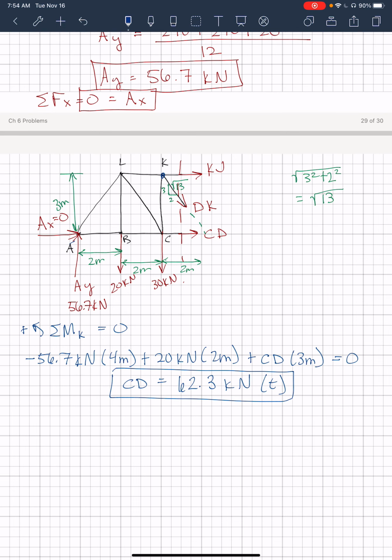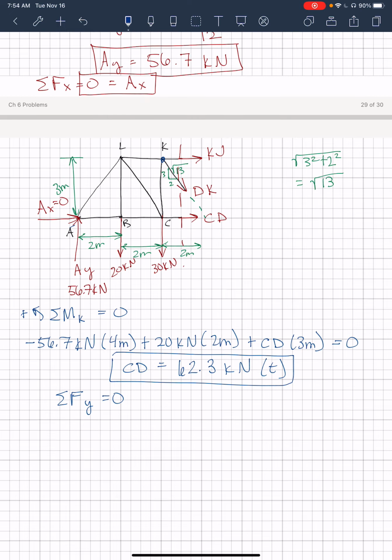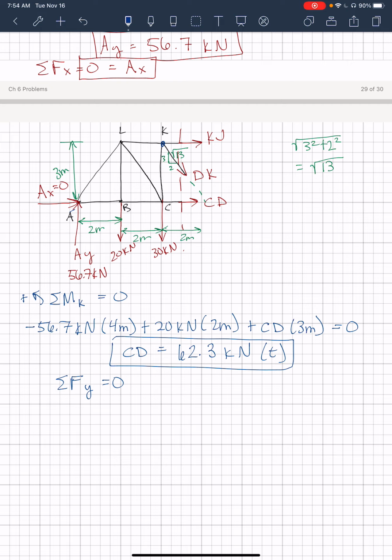We can also sum the forces in the y direction equal to 0. So AY is 56.7, minus 20, minus 30, minus the y component of DK, so DK times 3 over the square root of 13, equals 0.